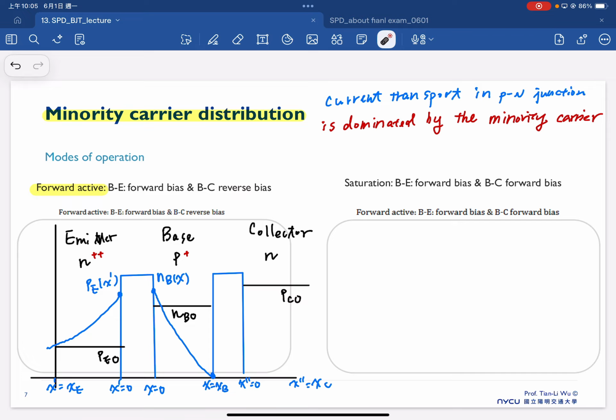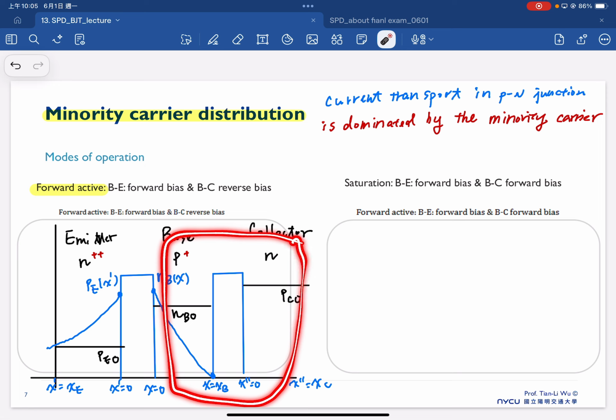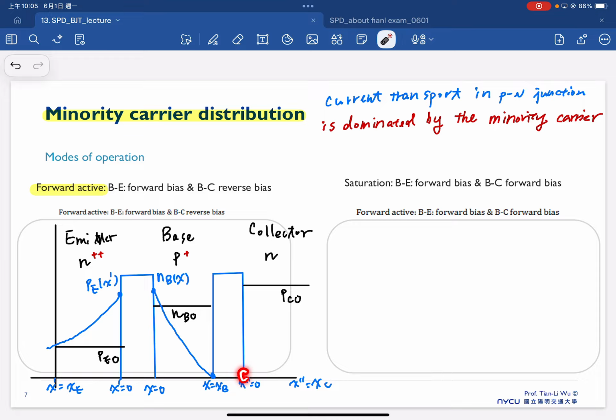I hope you can follow, but if you cannot, just think about this. It's not that difficult. This is just one thing of difference. And then also this is under the reverse bias, which means that the minority carrier concentration, which is hole concentration in here, will be equal to 0 as well.